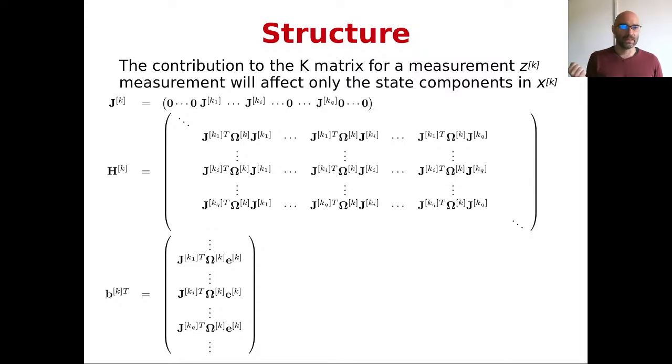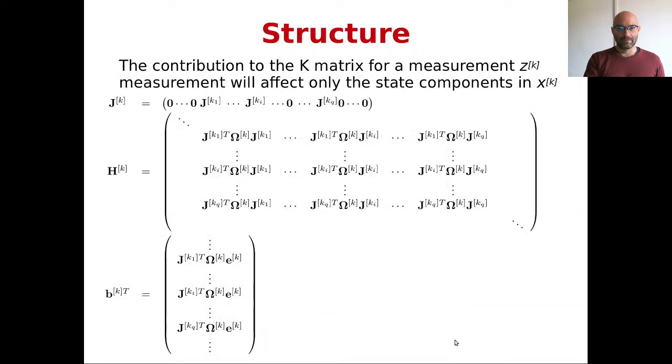All the rest will be zero. During the construction of the quadratic form, therefore, the number of non-zero blocks in the H matrix is equal to the square of the number of non-zero blocks in the Jacobian.